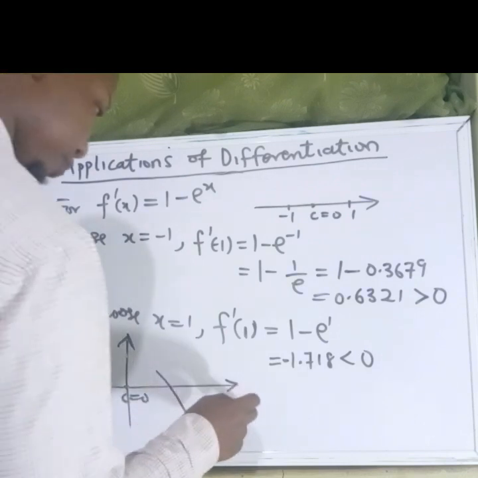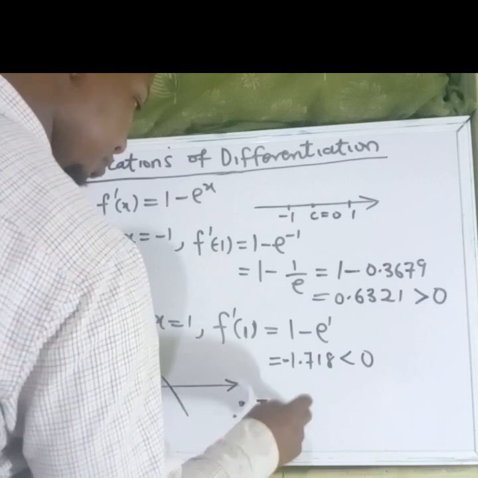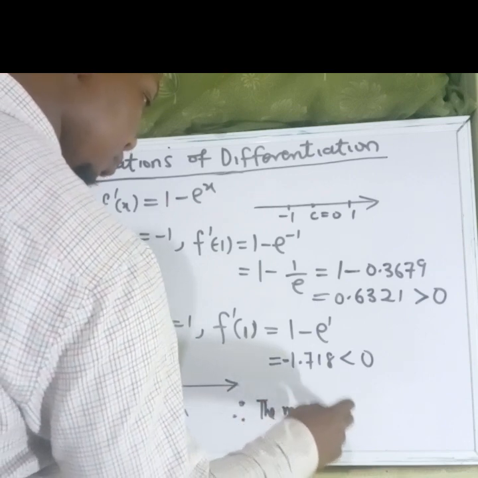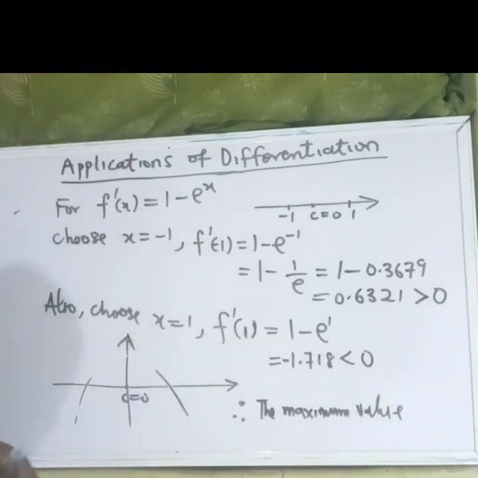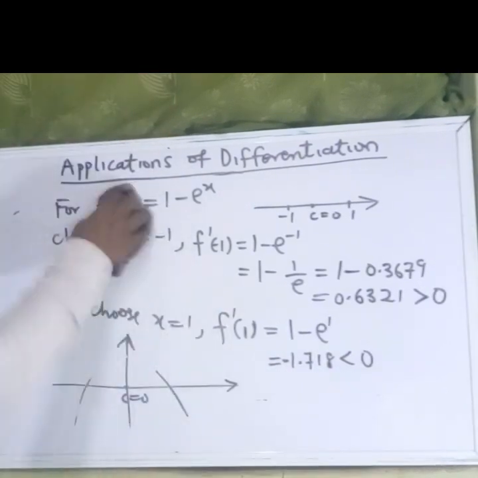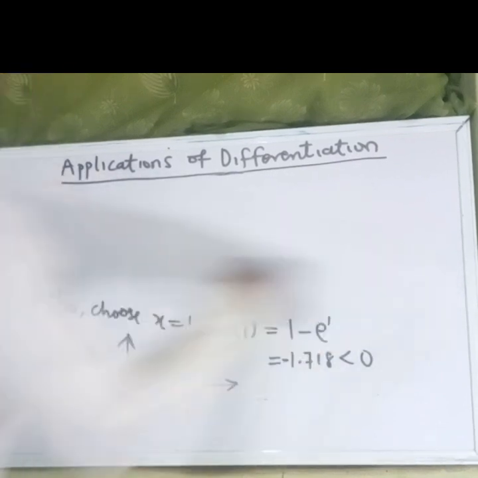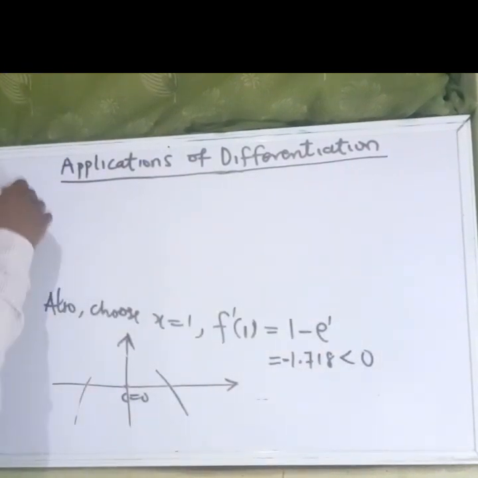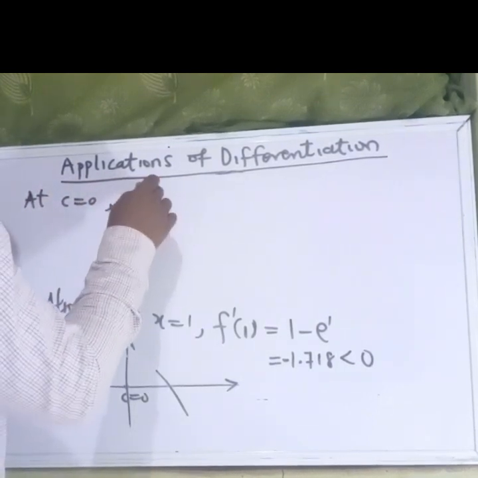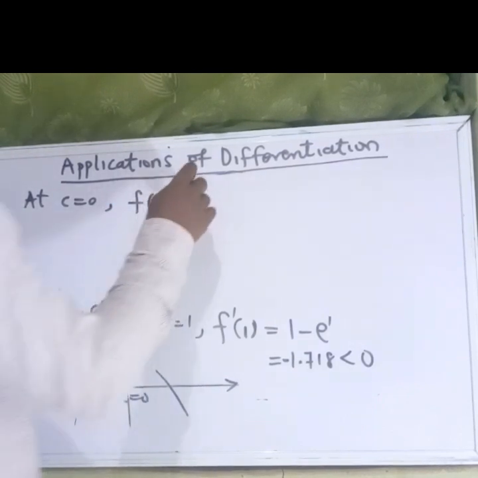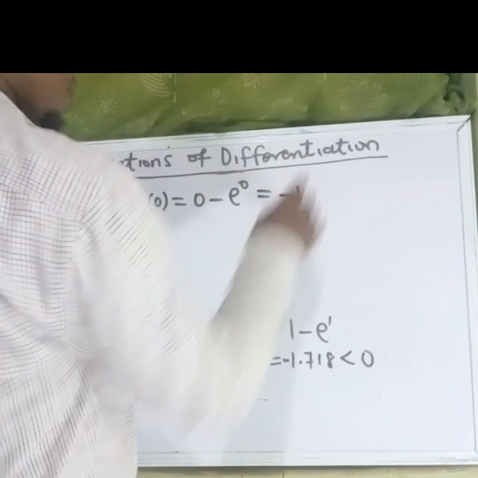So therefore, the maximum value. Let's bring this up. Let's say at x equals 0, f of 0 will be equal to 0 minus exponential 0. So this is negative 1.